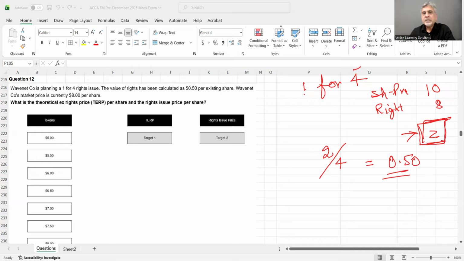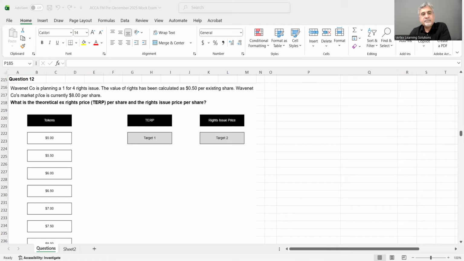So when it says that Wavenet company is planning 1 for 4, they have already calculated; they are not giving you the value of the right. They are giving you the value per share, 0.50. And for how many shares can I get the benefit? For every 4 shares, I can get 1.